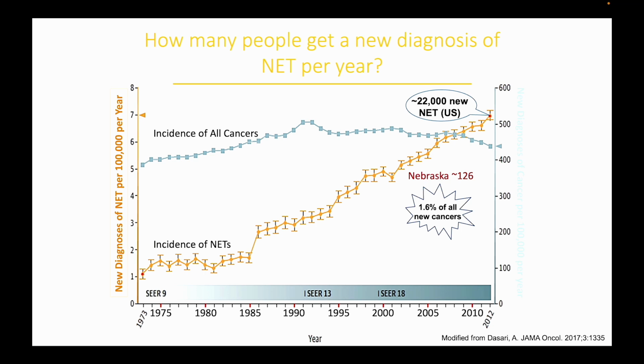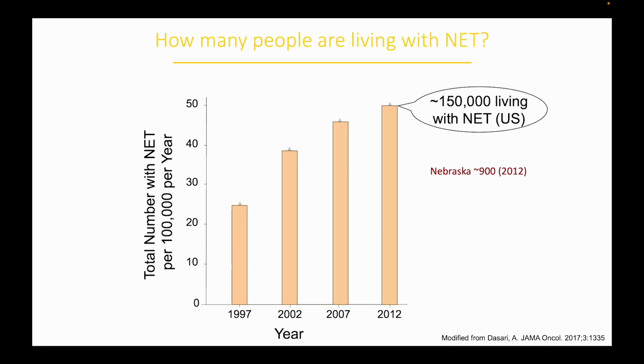It's actually gone up to 8 people in 100,000 in our more recent numbers. So in Nebraska, if my math is correct, in 2012, 126 new people were diagnosed with neuroendocrine tumor.